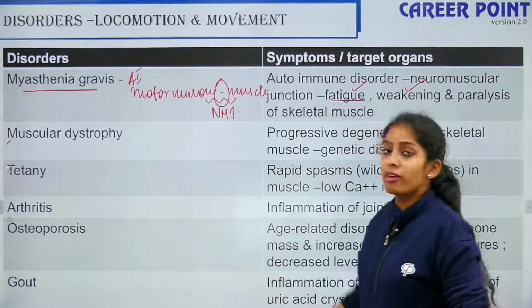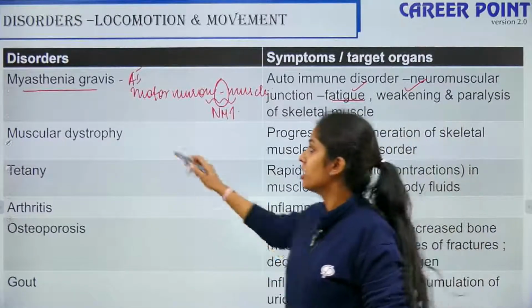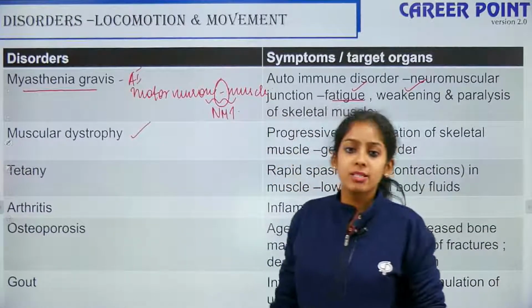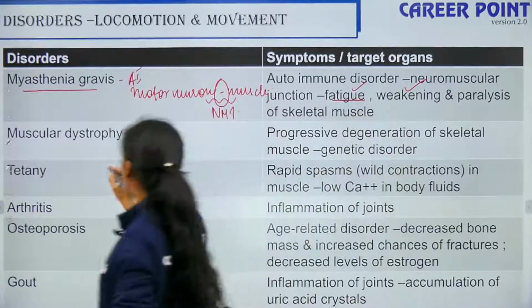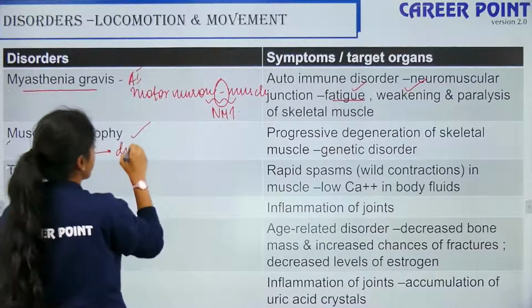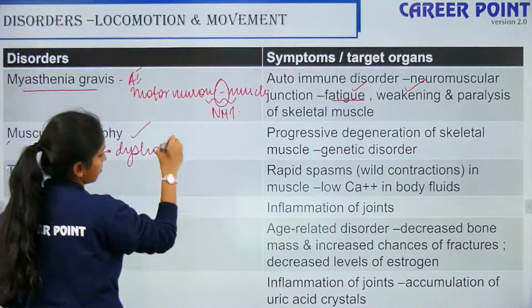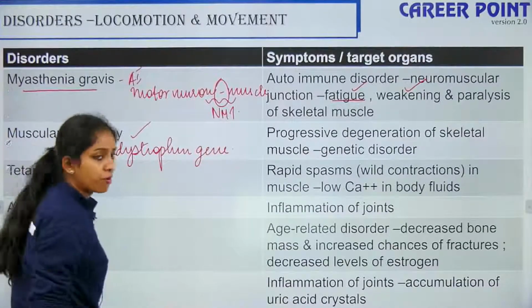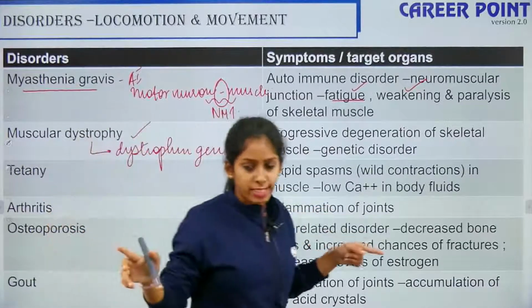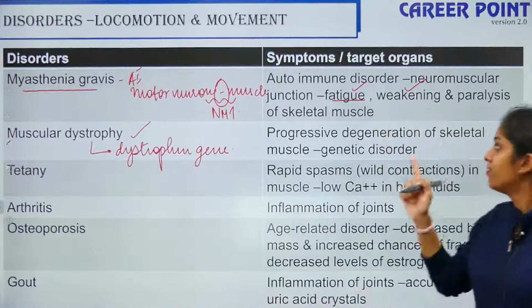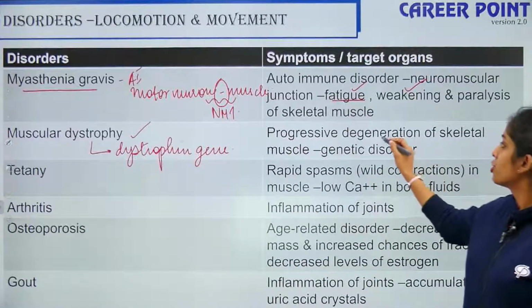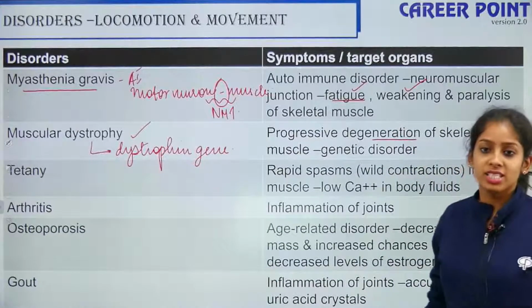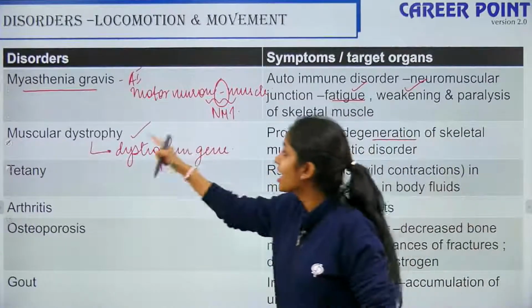Fine. Moving forward, the next one is muscular dystrophy. What happens in muscular dystrophy? You have a defect in your dystrophin gene. Dystrophin is the largest gene in your body, with so many base pairs. That is the longest gene, the dystrophin gene. This leads to the progressive degeneration of the skeletal muscle because it is a hereditary disease.